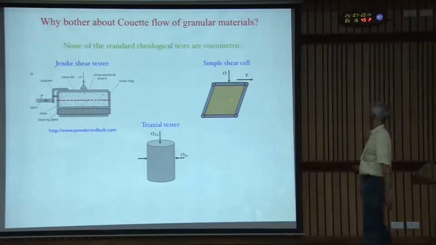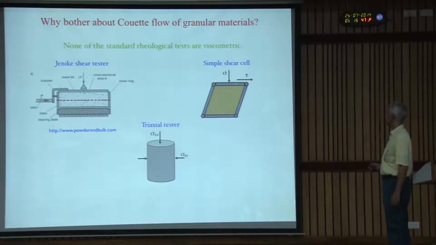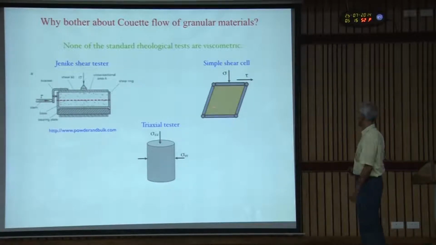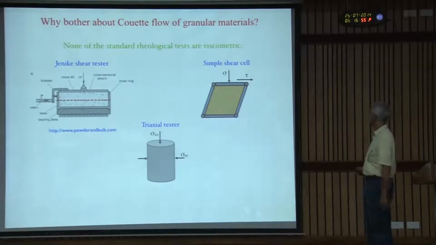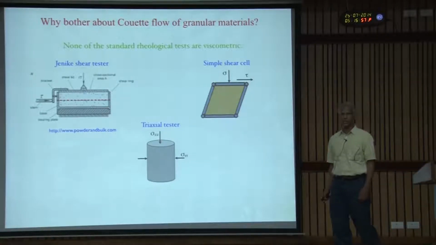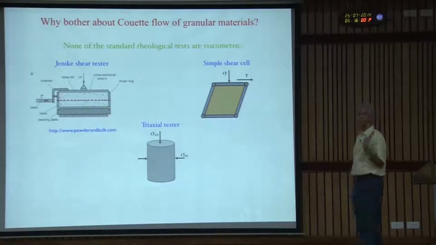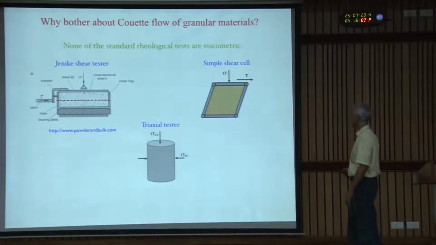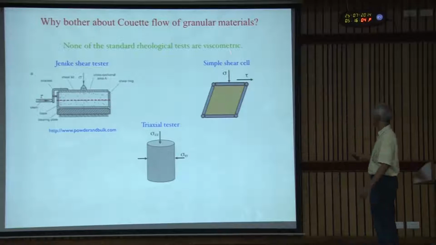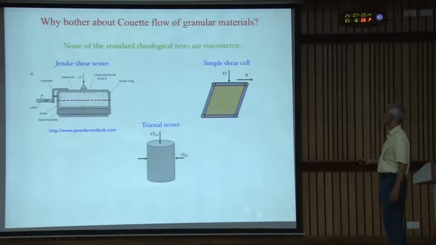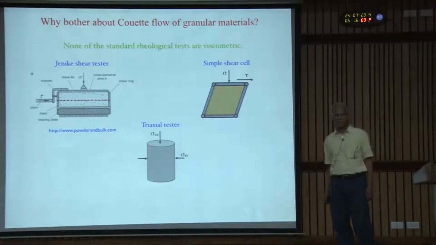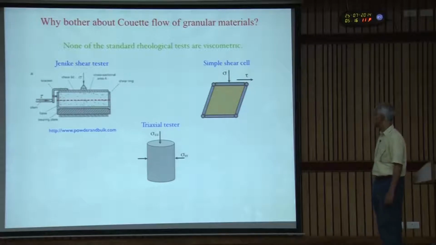And these are the more sophisticated devices, where you have a square cavity filled with a granular material whose shape you change because the edges are hinged. And so as you form a parallelogram from a square, you measure the shear stress required for a given normal stress, and you get the plastic properties of this material.